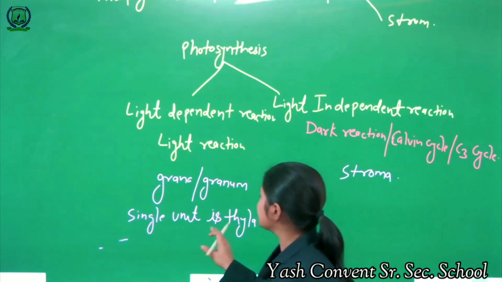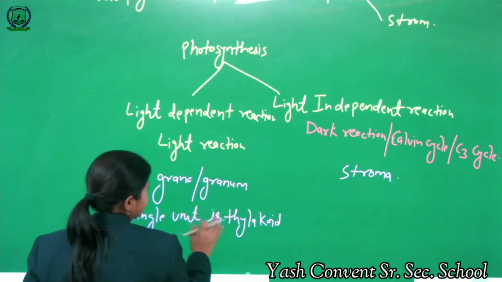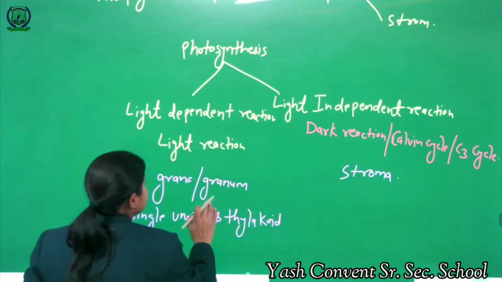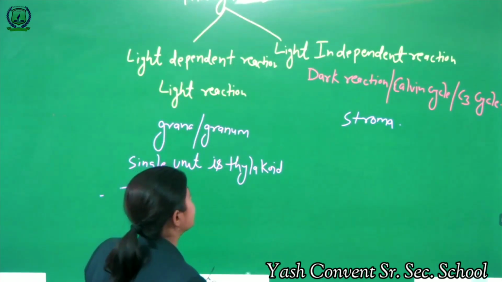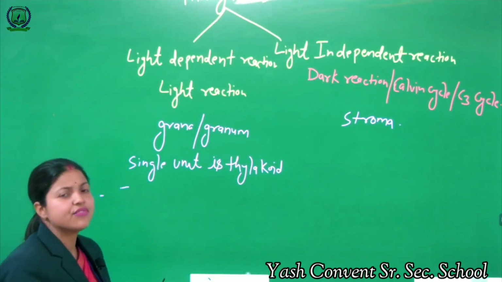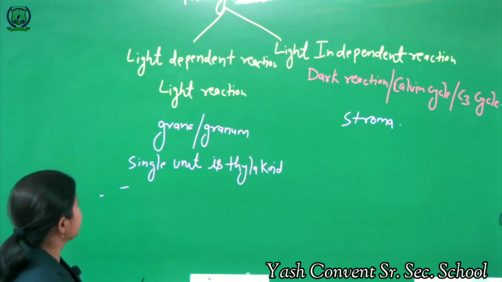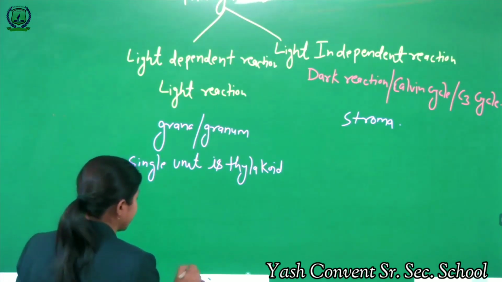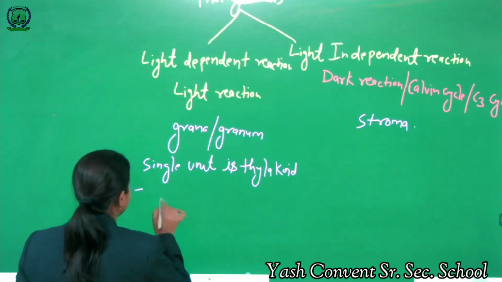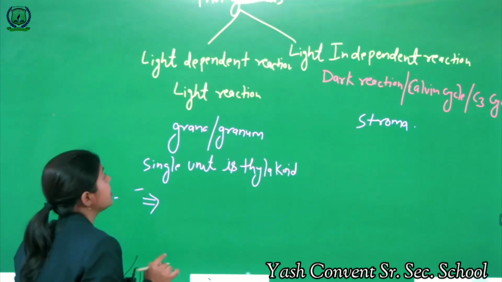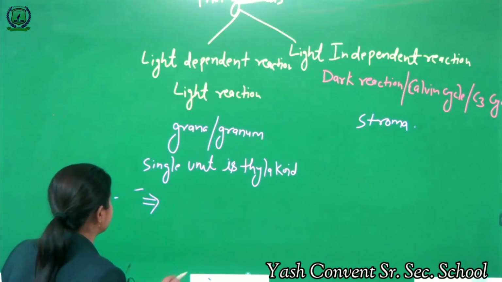Grana is the site for light reaction and the stroma is the site for dark reaction. In the granum, ATP and NADPH are formed in the light dependent reaction.